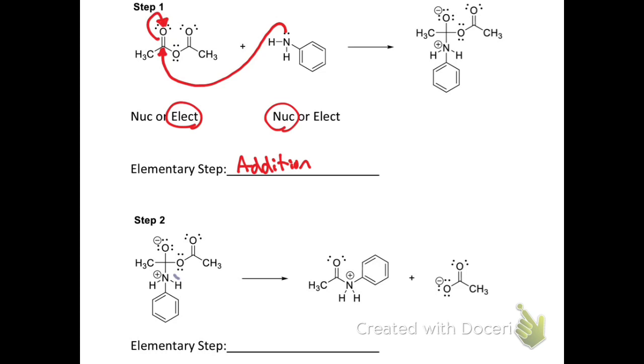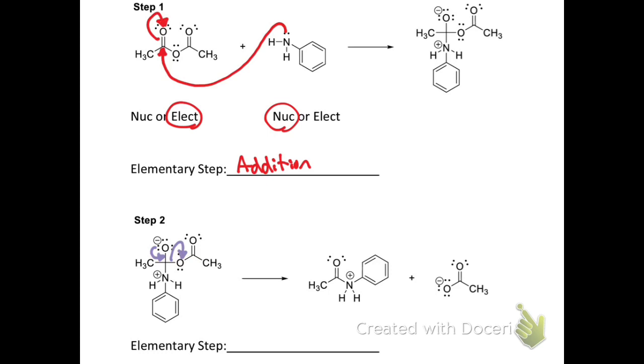For step 2, notice that we're taking this chunk here and we're breaking it off onto its own. Also notice that we're forming a pi bond where there was once no pi bond. So what we're going to do is plop these electrons right here. That's how we get our pi bond. And then we're going to push these electrons over here. That's how we break that other bond.